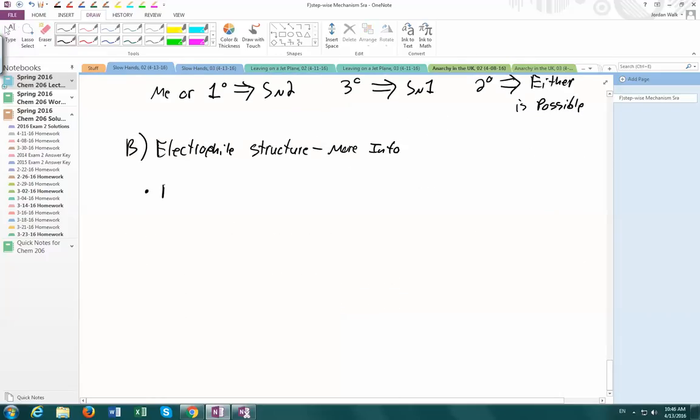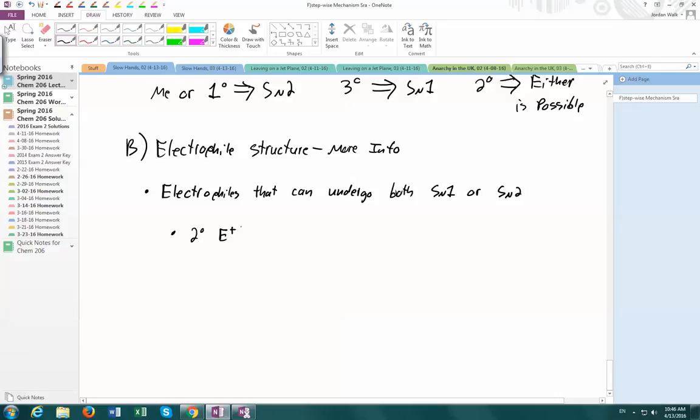Okay, so let's just make a list of electrophiles that can undergo both SN1 or SN2. First up on the list, I think, is pretty straightforward. It's going to be secondary electrophiles.